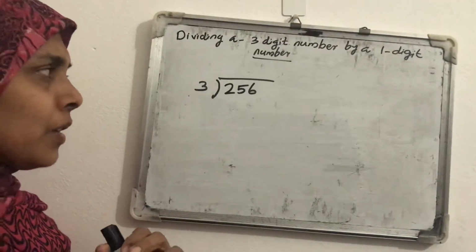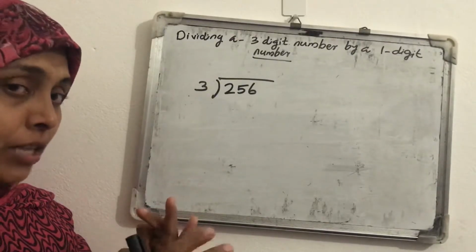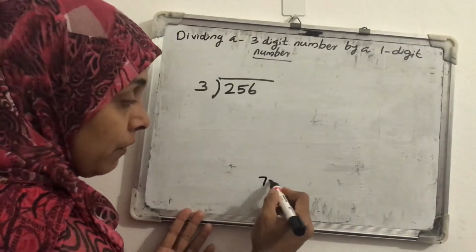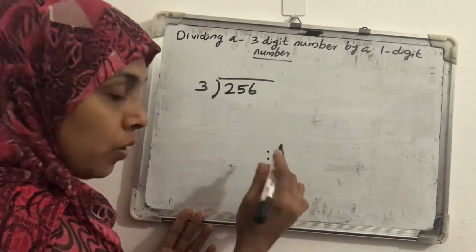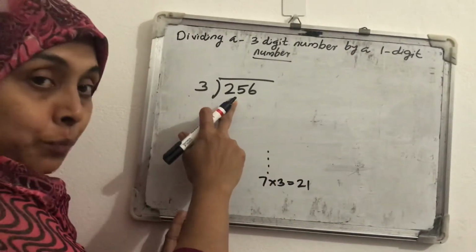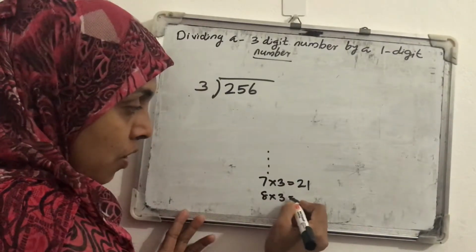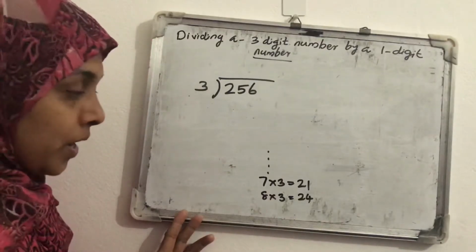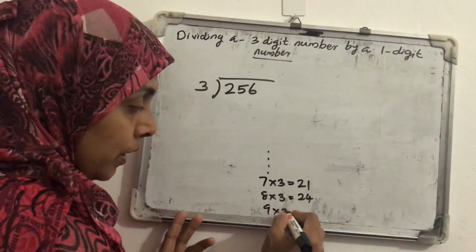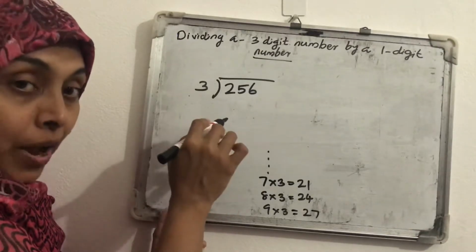We know the table of 3, 1 into 3 is 3, 2 into 3 is 6, like that. 7 into 3 we get 21. We want to reach up to 25. Next 8 into 3 we got 24. Okay. Next 9 into 3 is 27. But here the number is 25.